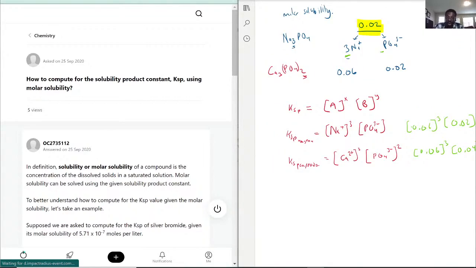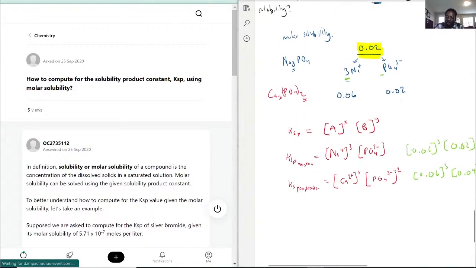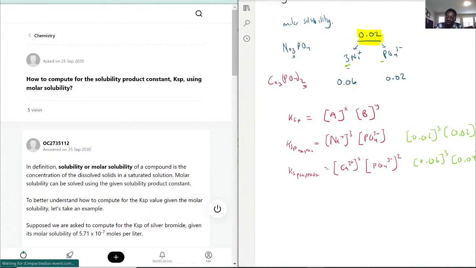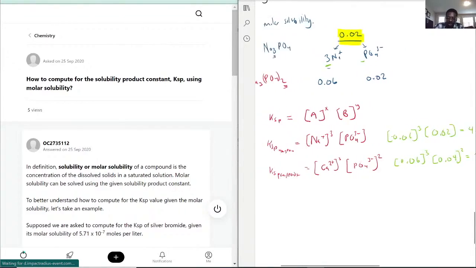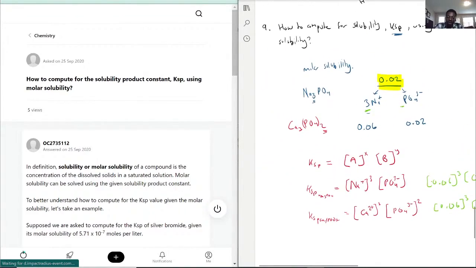I know there are actual values, but theoretically, if the same amount of the solid became the whole moles per liter, then the one with the fewest constituents in total, 3 plus 1, that's 4 versus 5, is going to be more soluble, because there are fewer tiny numbers multiplied, and fewer things squared or cubed. So that is a summary of how you can find Ksp from molar solubility.